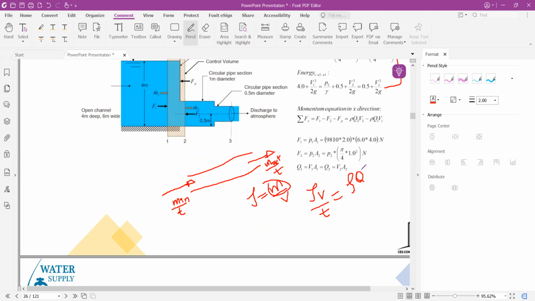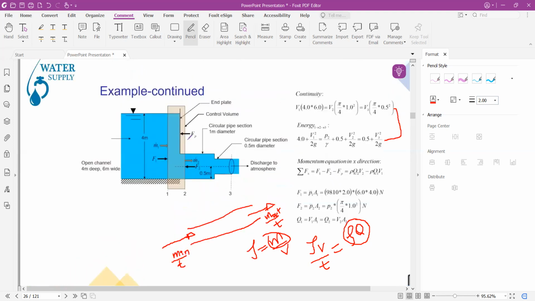So this is the mass flow rate occurring through this cross section of the control volume. And to find the force, we are going to find how much force will be required.